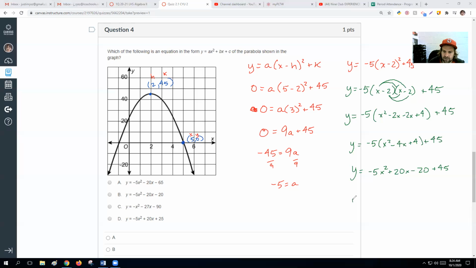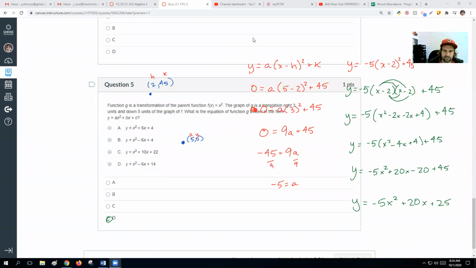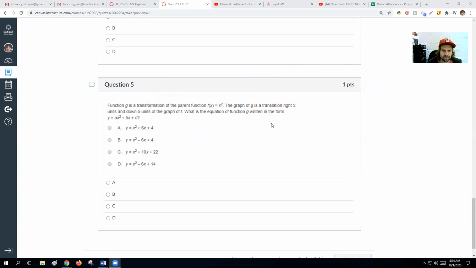Just need to clean that up here. So we get y equals negative 5x squared plus 20x, and then plus 25, because that's positive 45 minus 20. All right, and that's choice D here. Alrighty.